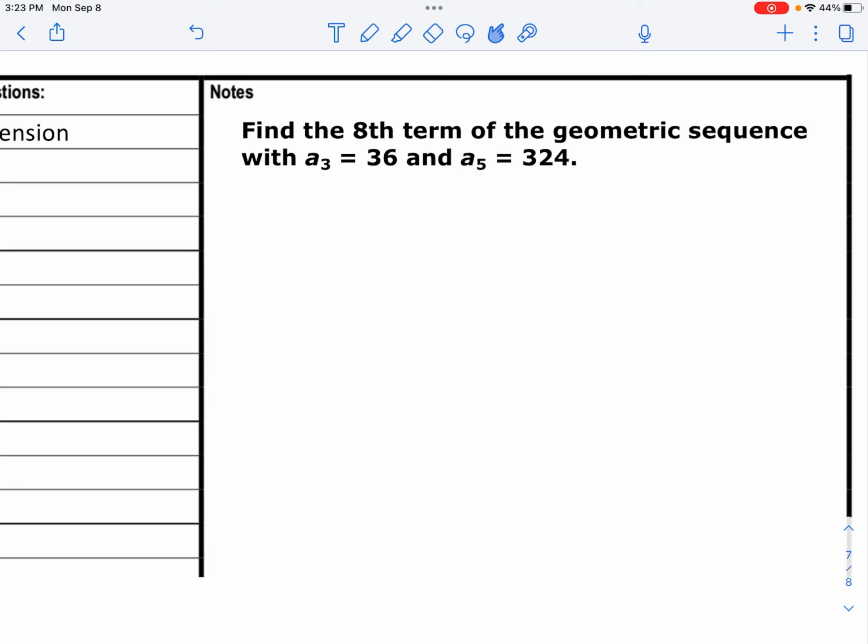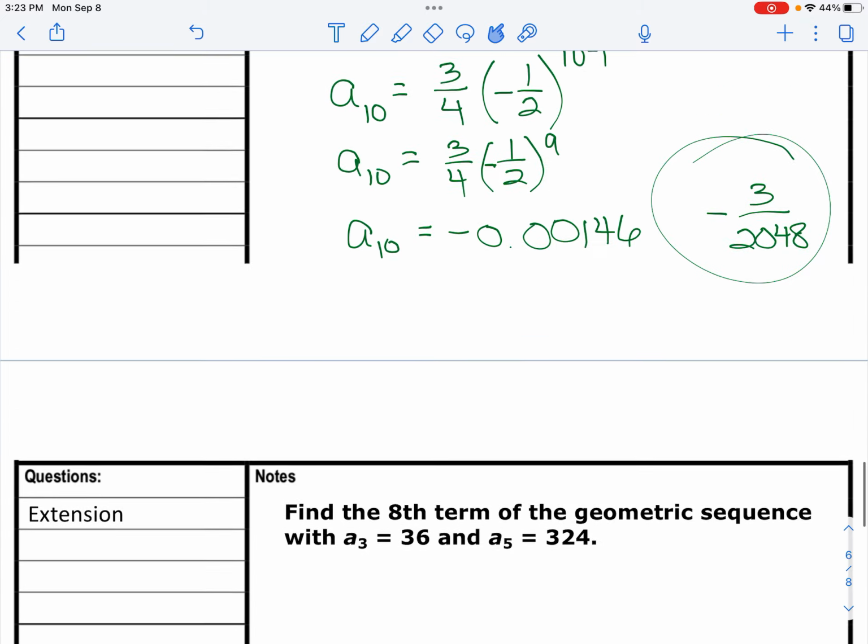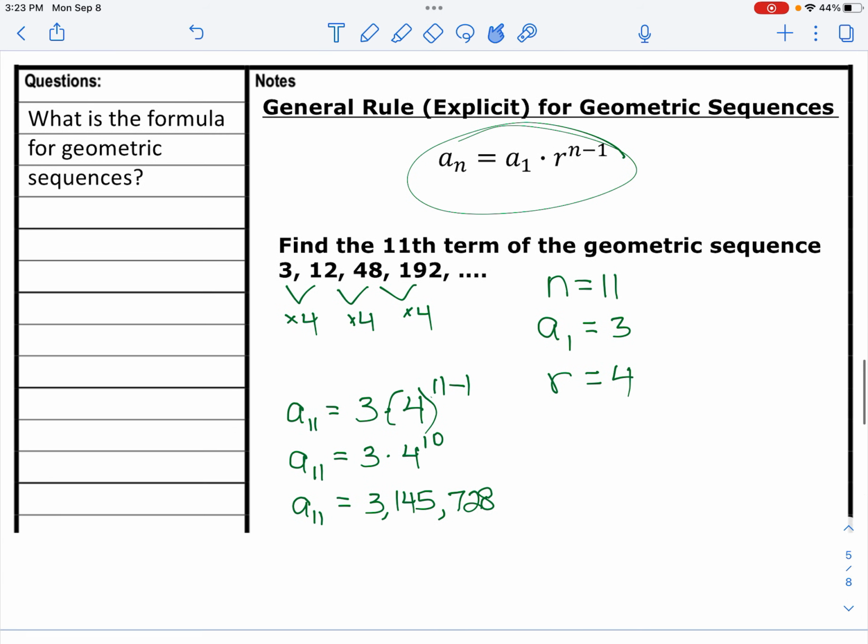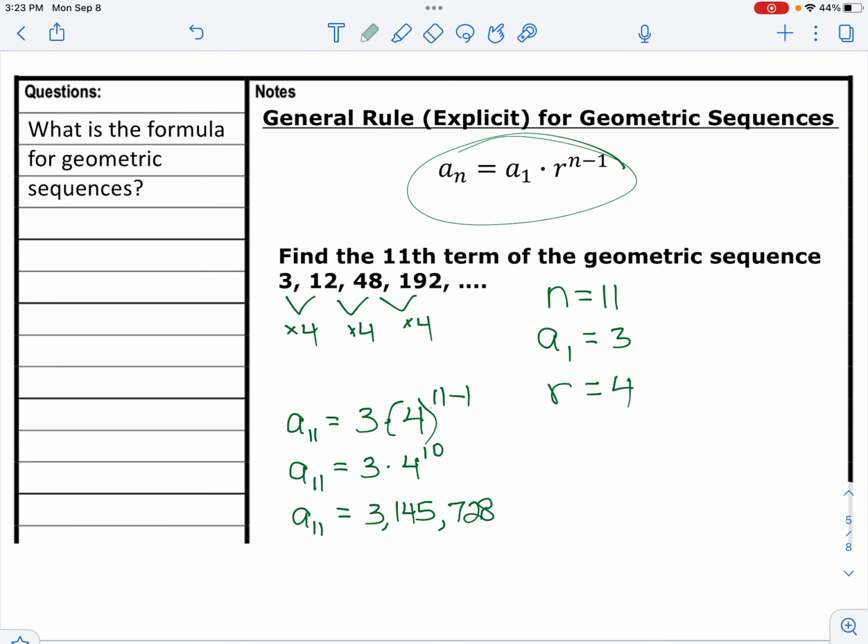So one of the things that you can do is you can take this formula right here and just make it work for what you know. Instead of the 1st term, you can put the 3rd term there, you put the 5th term here, and then you got to modify this. Okay?